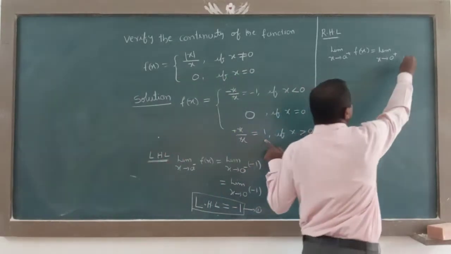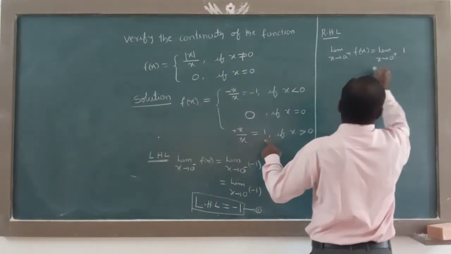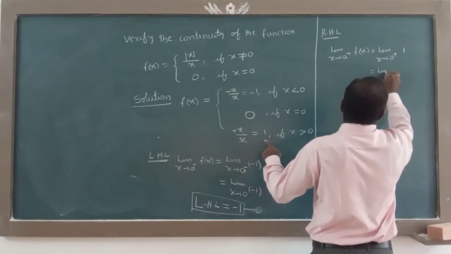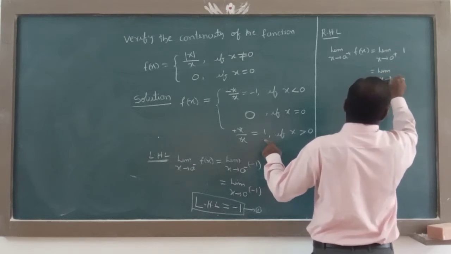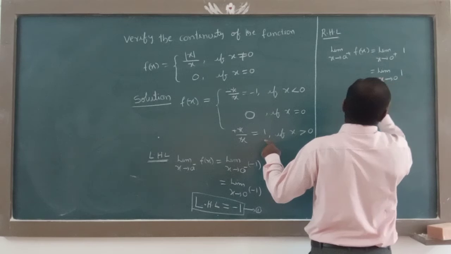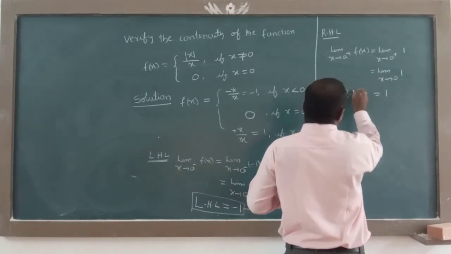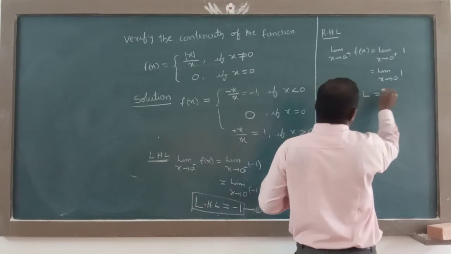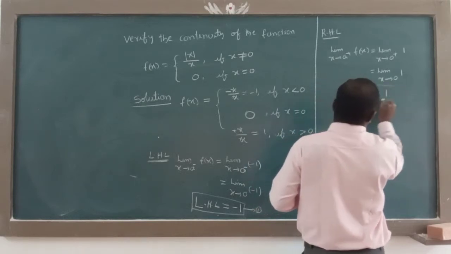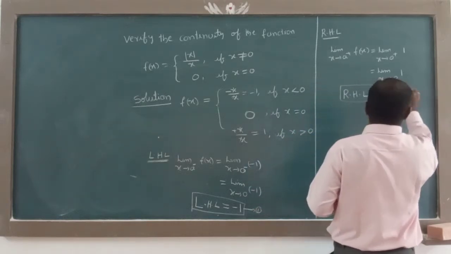That is why we can write limit x tending to 0 plus 1 is equal to 1 only. That is RHL, the right hand limit value. It is equation number 2.